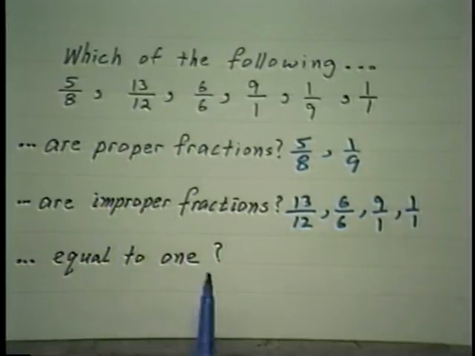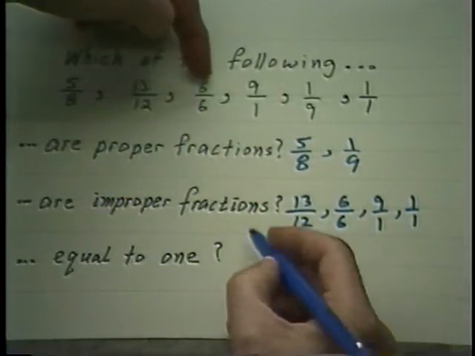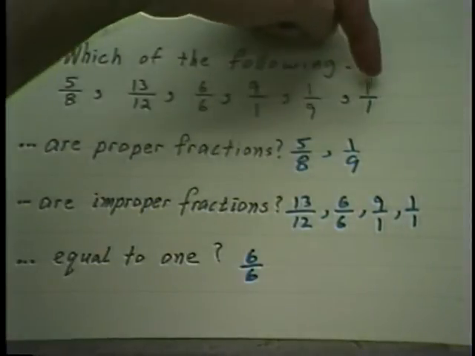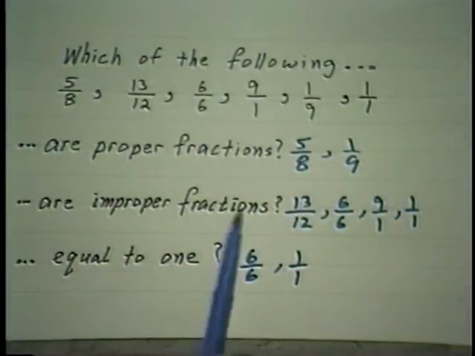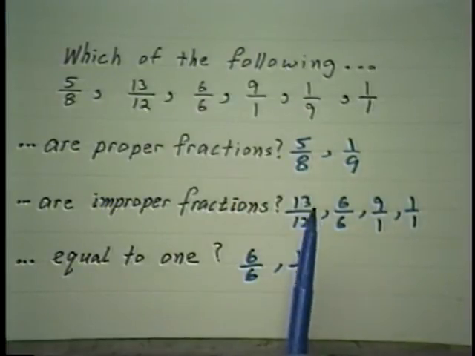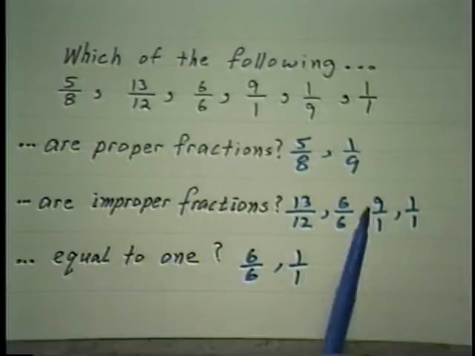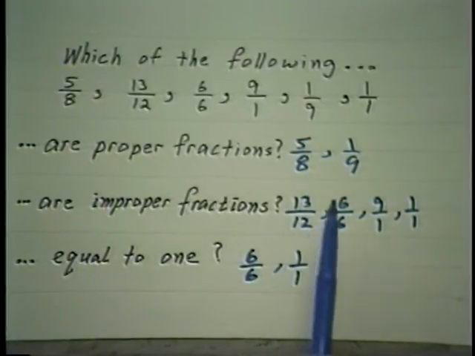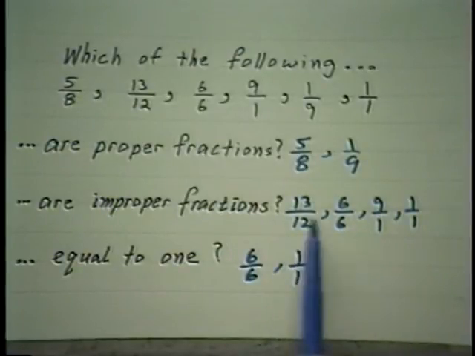Now, which fractions are equal to 1? Well, those are those in which the tops are equal to the bottoms. That one, just another way of saying 1. And that one, another way of saying 1. So those that are equal to 1 are also improper fractions. And again, we remind you that there's nothing improper about these. These are perfectly good, useful expressions, and we will need them many, many times.